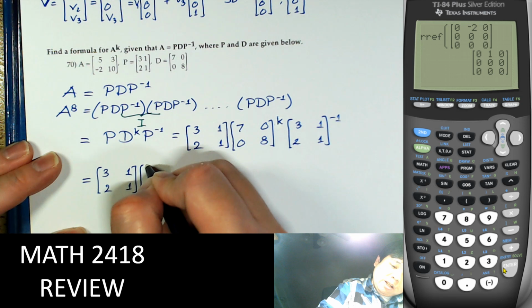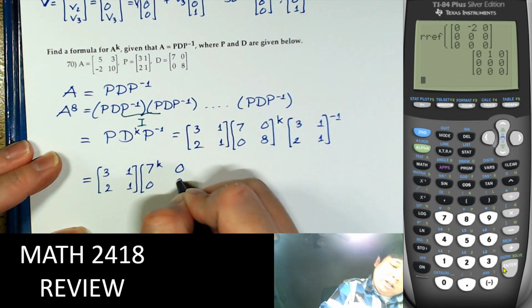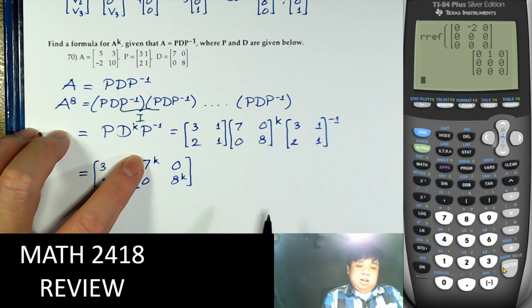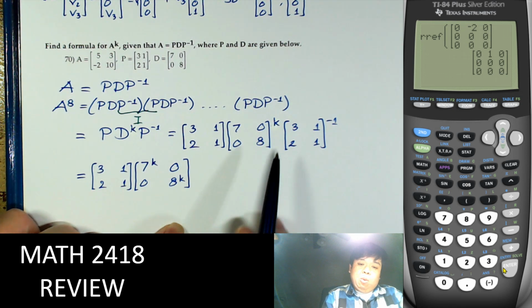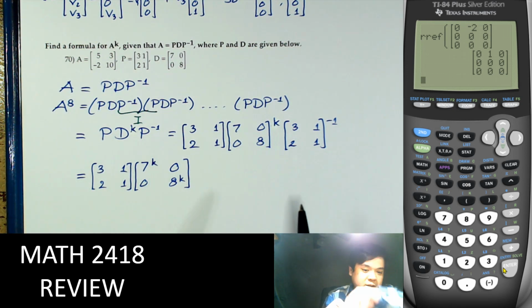So that gives us 7 to the k, 0 and 0, 8 to the k. So for the diagonal matrix, when raised to the k power, we just raise each diagonal entry to that power.